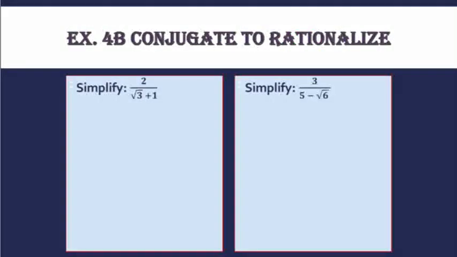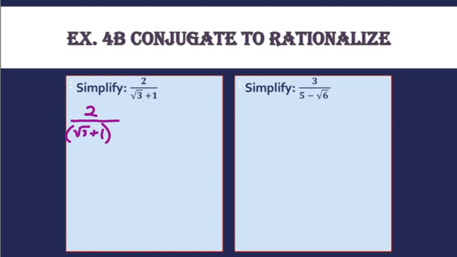Simplify 2 divided by the square root of 3 plus 1. So here I'm going to rewrite this. Square root of 3 plus 1. The conjugate of square root of 3 plus 1. I need to get rid of the radical in there, so I need to have an opposite sign of the radical.